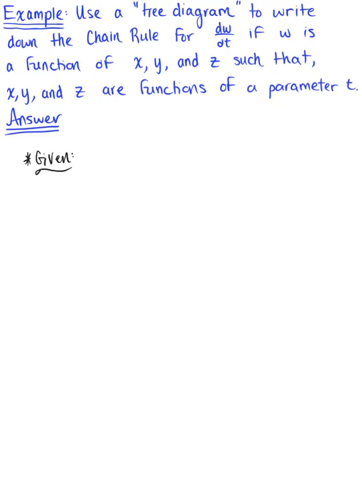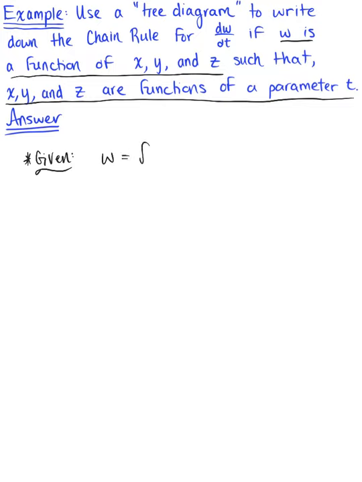So rereading this question a little bit more closely, we see that w is a function of x, y, and z, such that x, y, and z are functions of a parameter t. So we have a function w that's defined by three independent variables, x, y, and z.